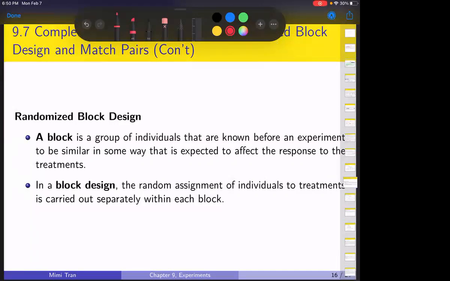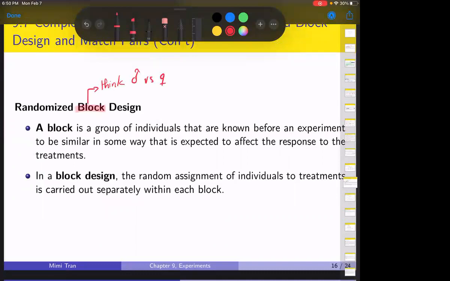So I want you to think men versus women. On the exam, men versus women, that's definitely a block.